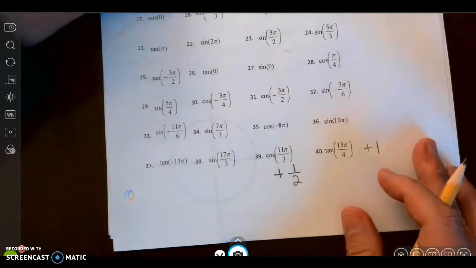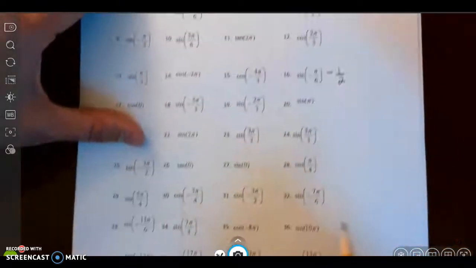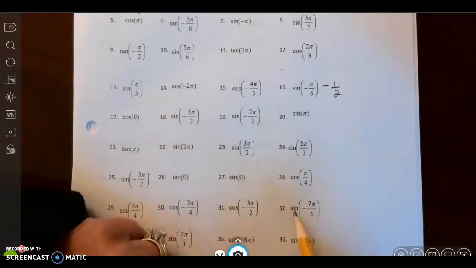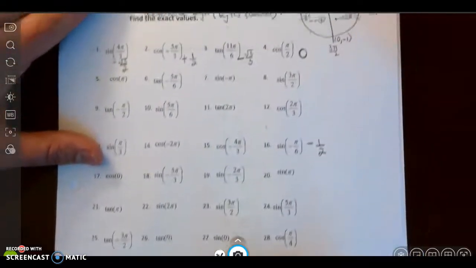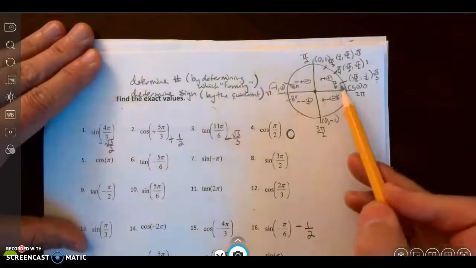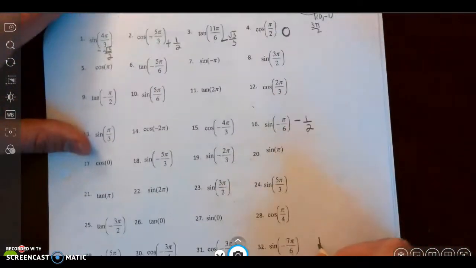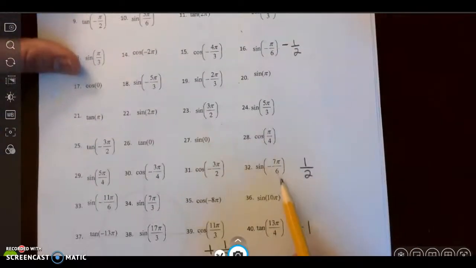Let's try another one. How about negative 7 pi over 6. Let's do number 32. Sine of my pi over 6 family. So I go up to my unit circle. Sine is the y coordinate in the pi over 6 family, so it's 1/2. And I've got to figure out where negative 7 pi over 6 is.